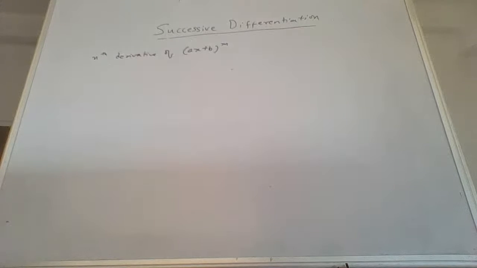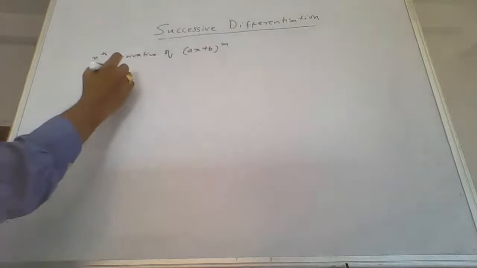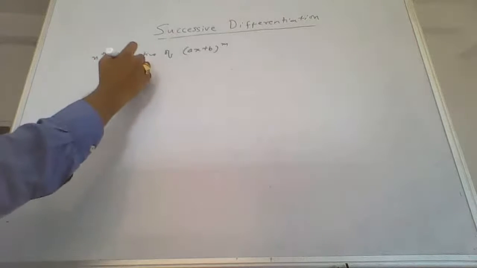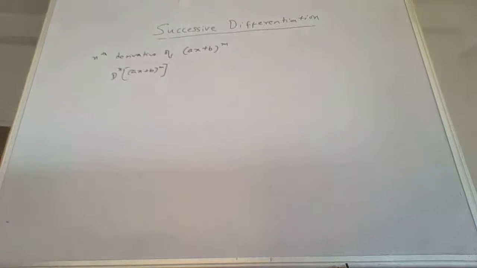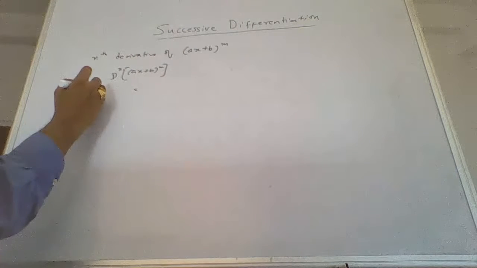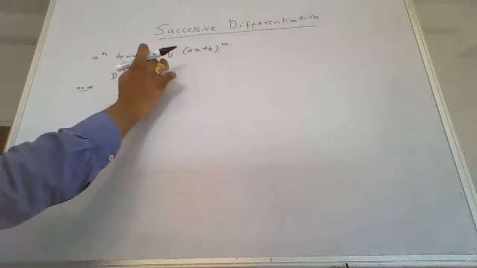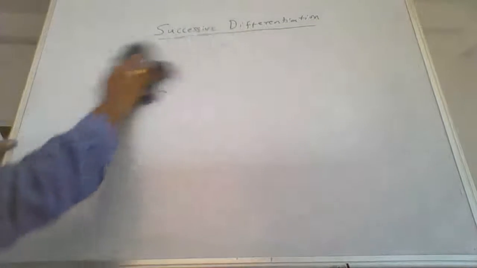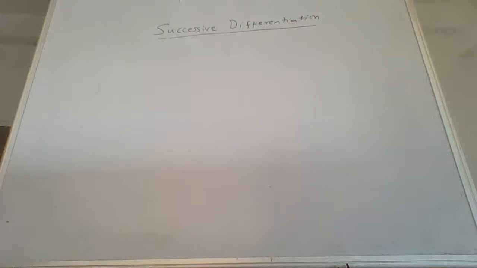If I consider the nth derivative of ax plus b to the power of m, and n is equal to m, then I'll get n factorial a to the power of n. That will be the result.